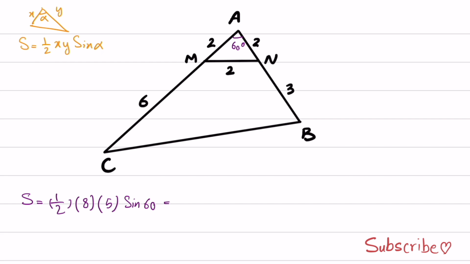And we know that sine 60 degrees is square root of 3 over 2, and if we replace all the known terms, S is equal to 1/2 times 8 times 5 times square root of 3 over 2, and from this we have 2, so the answer is 10 times square root of 3. Yeah, this is the final answer.